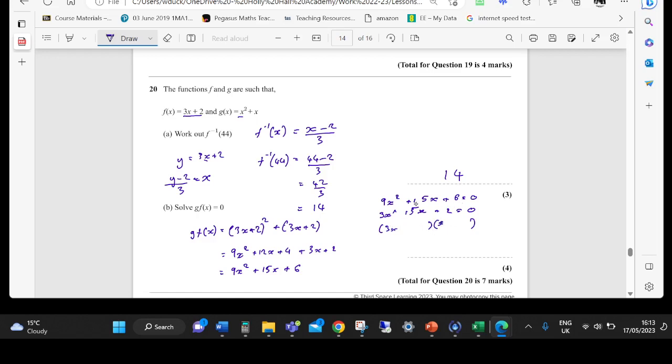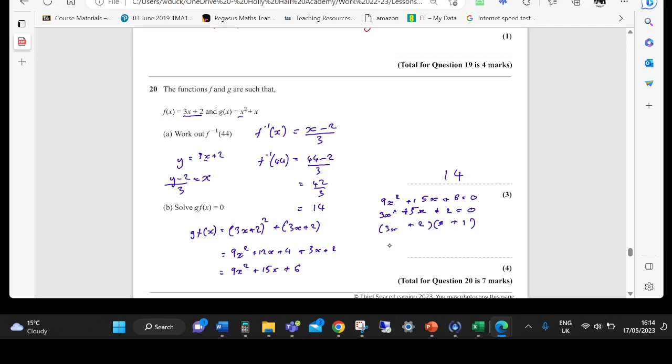I just need to work out which way around they go to make 5, and that would be 2 there and 1 there. Giving me my two values: to make that bracket 0, x would need to be equal to minus 2/3, and to make that bracket 0, x would need to be equal to minus 1. So that's going to be my two values. Let's just write that slightly clearer. Right, lots of marks there. Let's see how that goes.